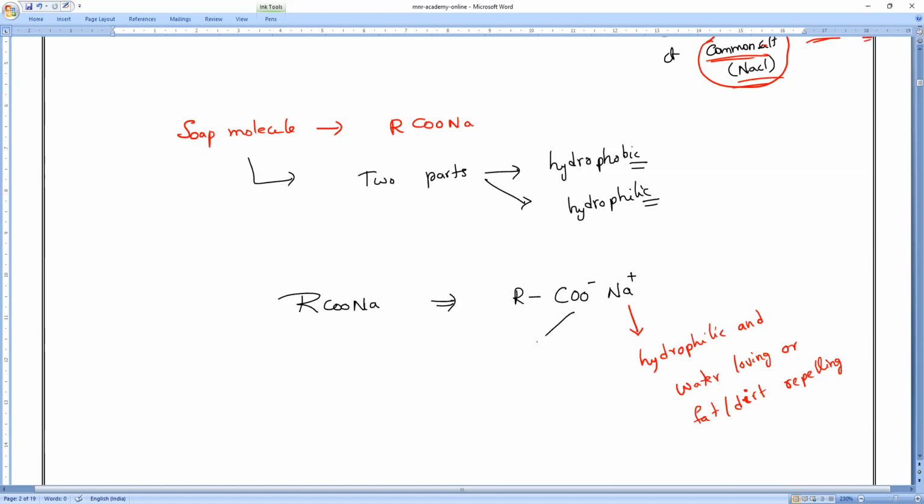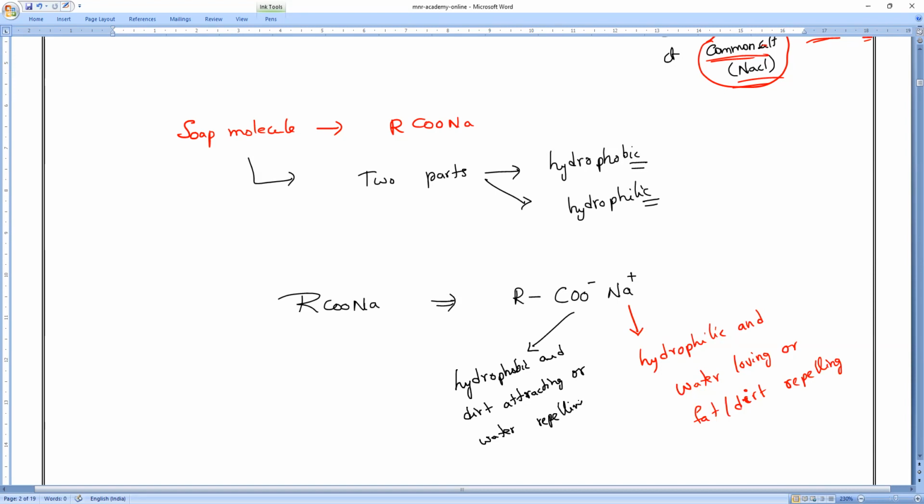Now the long alkyl part, which we call hydrophobic. Remember, the dirt attaches to that; it likes to attract dirt, and it is water repelling.